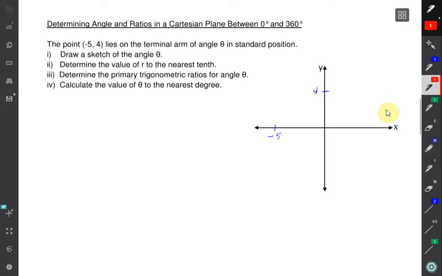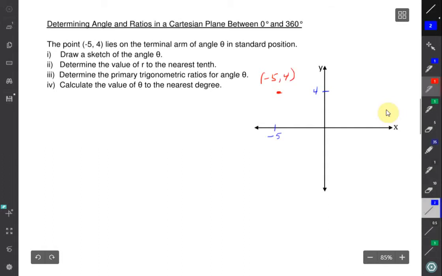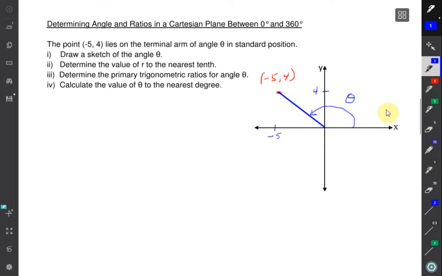So the endpoint would be -5 and 4. And that's this arm right here. The primary angle here is theta. The related acute angle would be beta.